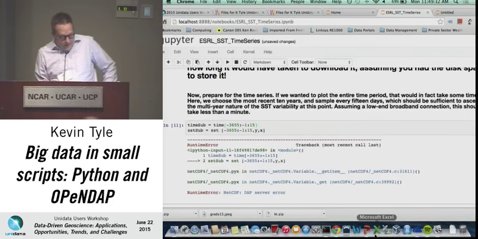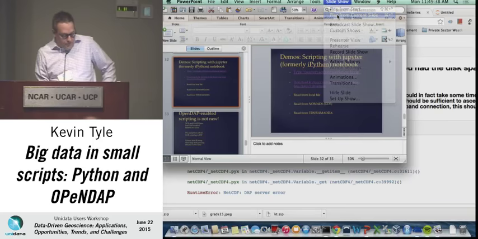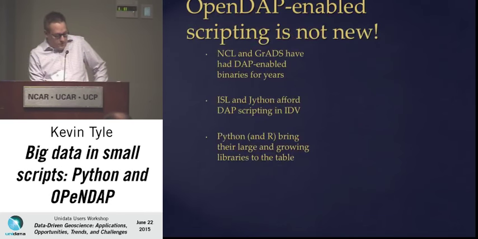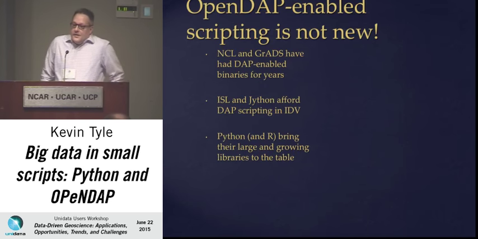So if we just get back to concluding the PowerPoint, what's clear is that OPeNDAP is a technology and a service that's been available for a long time. There are programs that have used it and continue to use it.